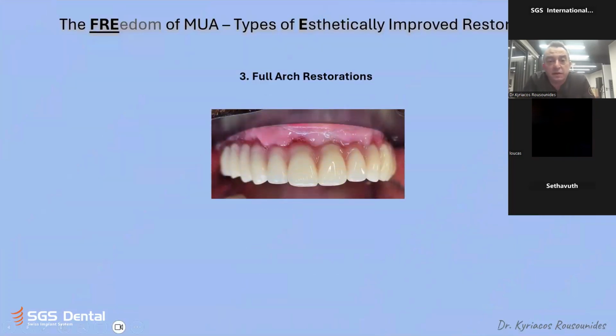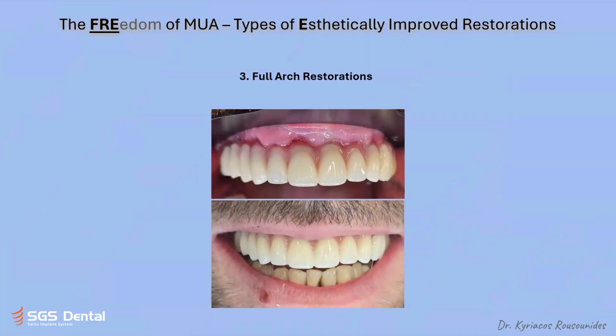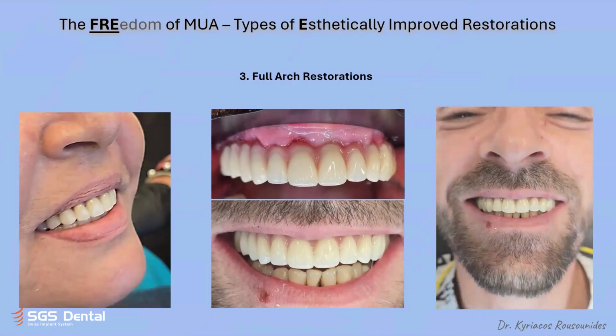But the multi-unit abutments are a very good weapon in our hands, especially for the full arch restorations. We have done a lot of cases with multi-unit abutments. We place the multi-units directly after the surgery.